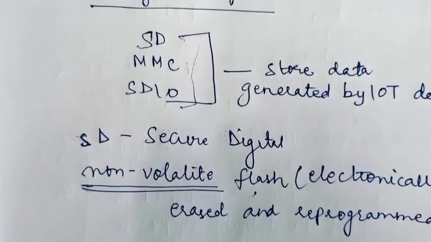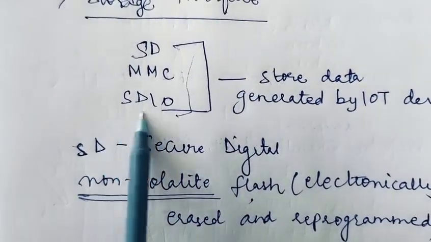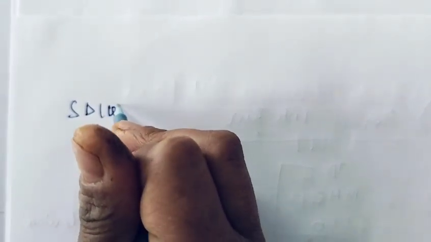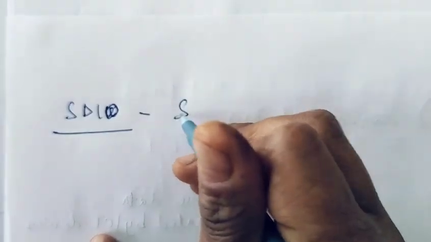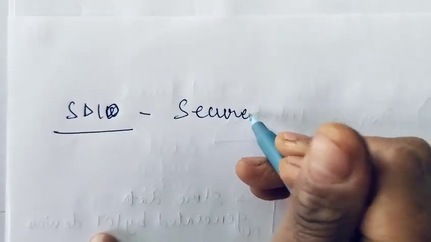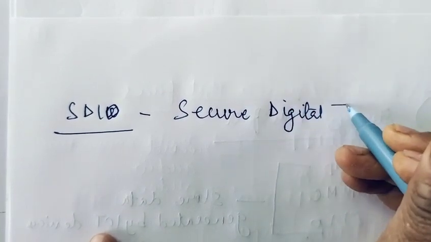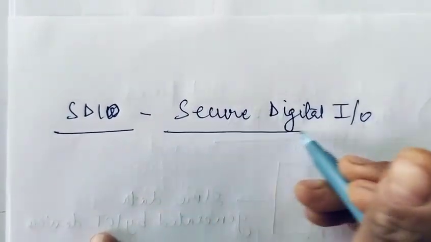Then as we said, the third kind of a device that provides storage interface is your SDIO. So what is an SDIO? SDIO basically stands for your secure digital IO, or the secure digital input output.